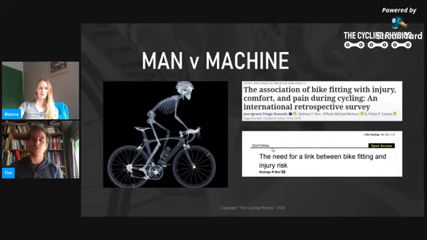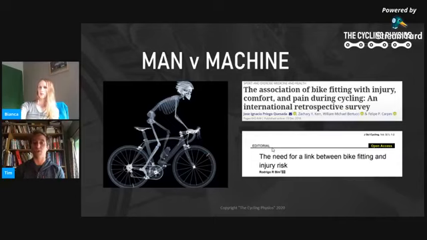So when it comes to the reasons why people might develop knee injuries, it's appreciating that we are trying to merge this man and machine. So it's that very fixed 2D machine, the bicycle, and a very 3D asymmetric machine, which is the human body.